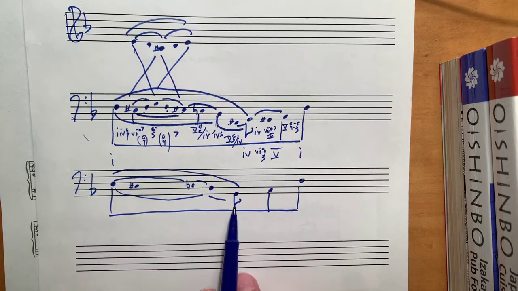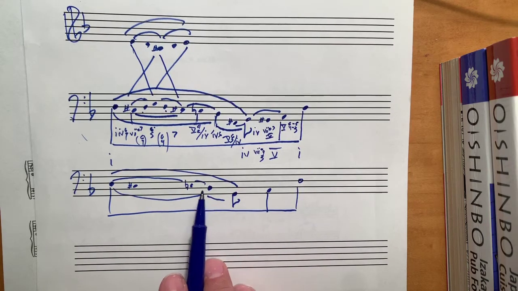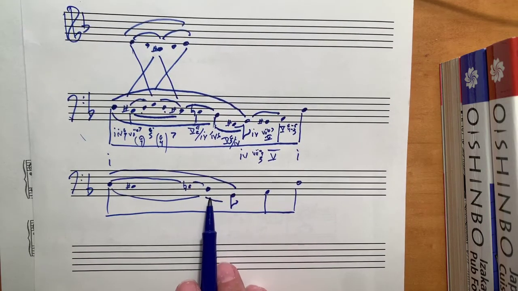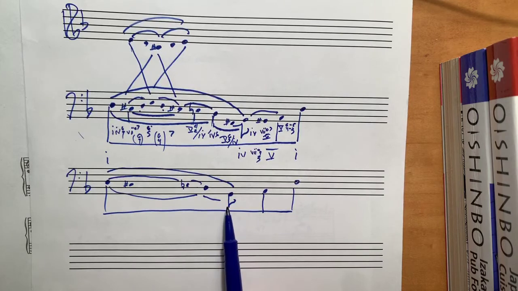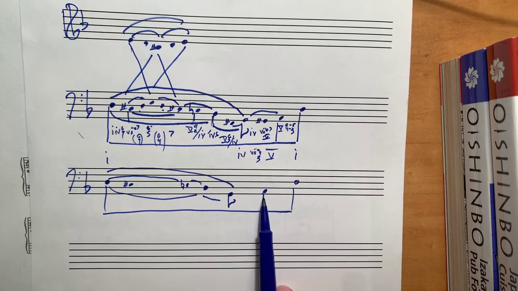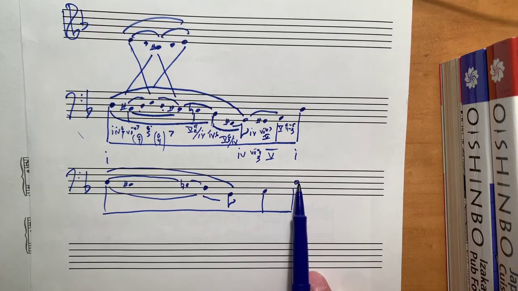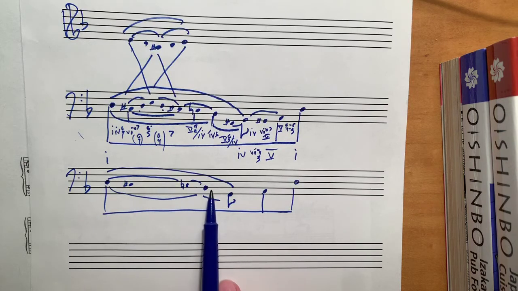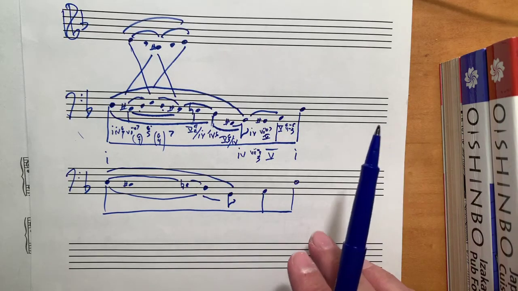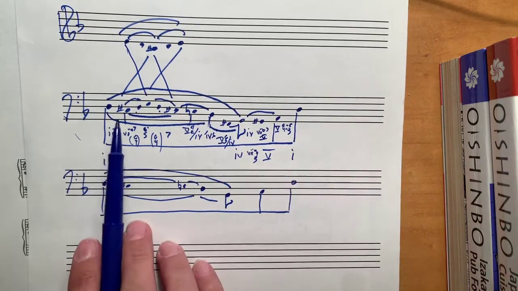And then D down to G gets a third divider, subdivided leap. And then we fill in passing C sharp and C natural. And then we get the whole thing.